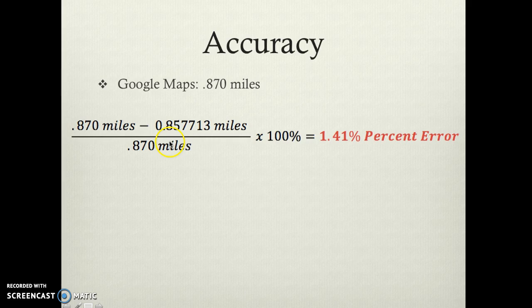So I basically used the percent error formula: I subtracted the value I got from the value Google Maps told me, divided by the value that Google Maps told me, and multiplied by 100%. And I found that the percent error that my method had was 1.41%. So as you can see, it's a really small percent error, and the method I used to find the length of my path was pretty accurate.